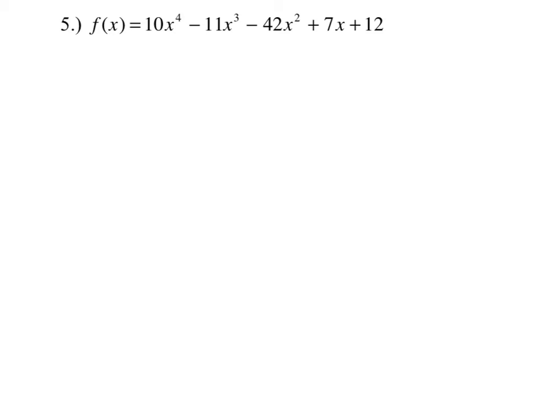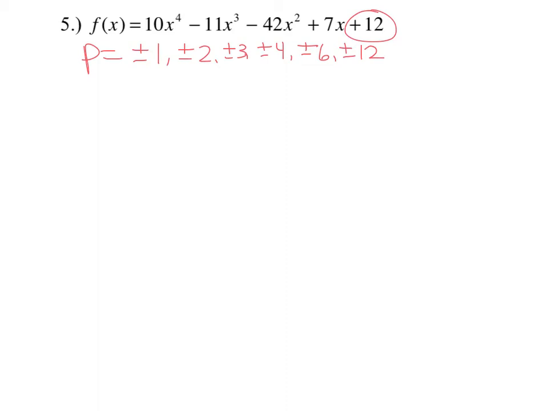Okay, on to our next example. So your constant is 12. So p, the factors of the constant: plus or minus 1, plus or minus 2, plus or minus 3, plus or minus 4, plus or minus 6, plus or minus 12.